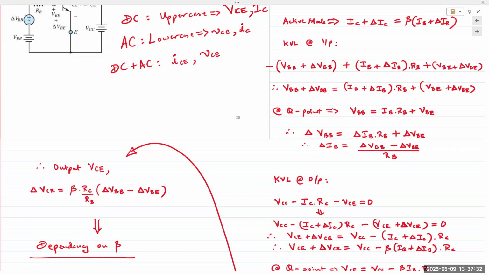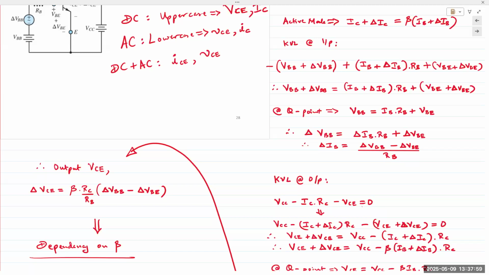And that means if we take that out, we can write delta VBB is delta IBRB plus delta VBE. Any change in the input voltage is going to result in a change in the input current and in the base emitter voltage VBE.